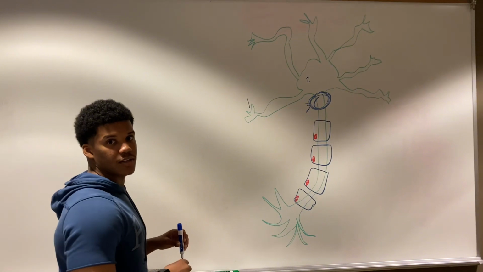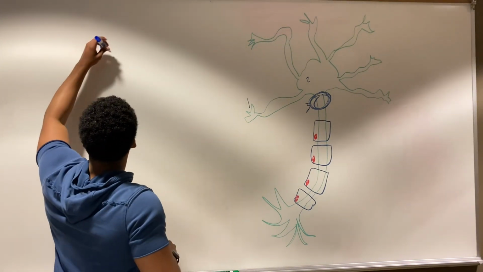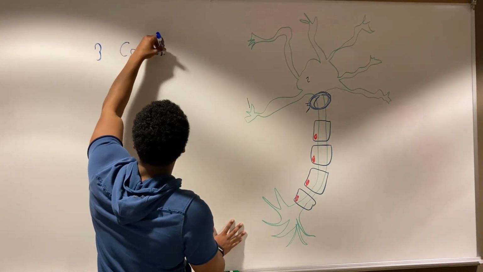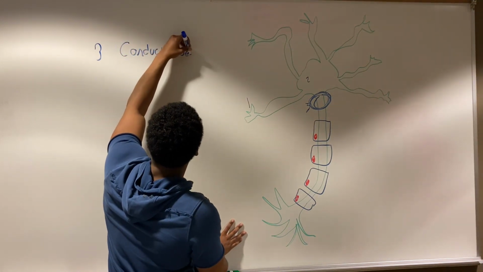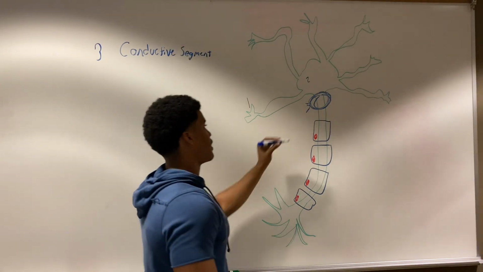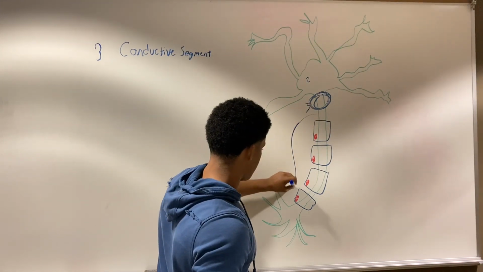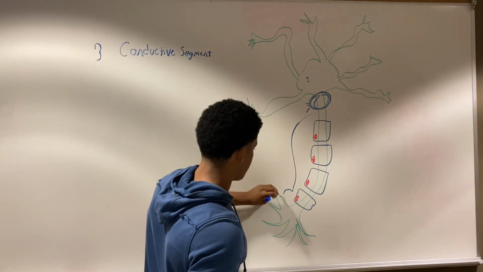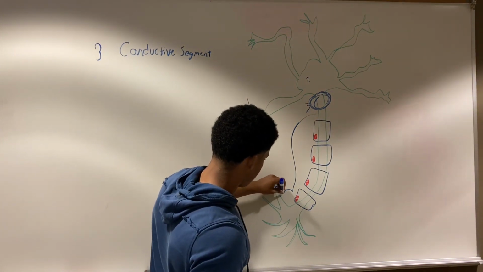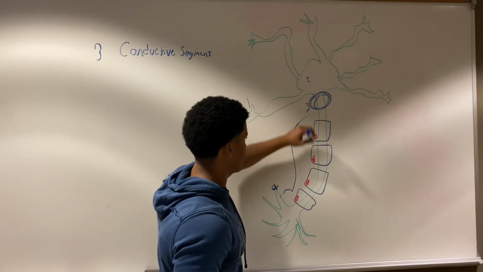All right, so next up we've got the conductive segment. This contains the axon and the axon terminal extensions, not the synapse though, just the axon terminal extensions and the axon itself.